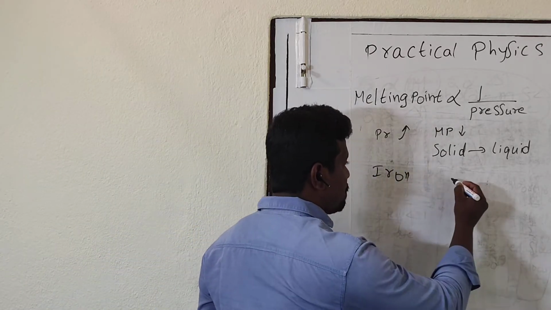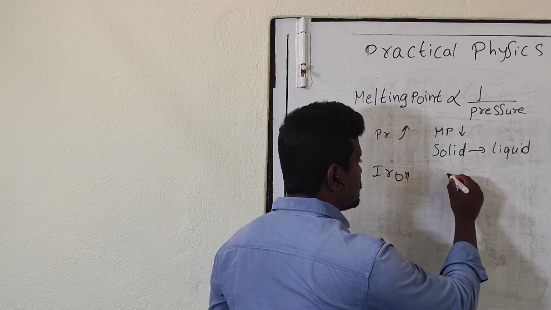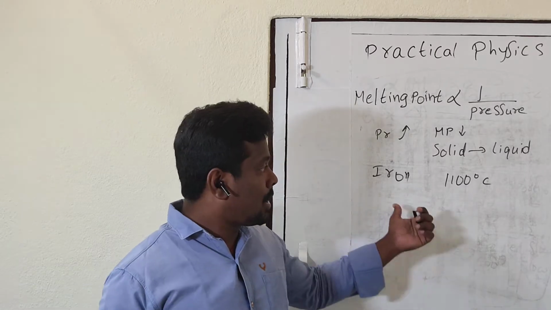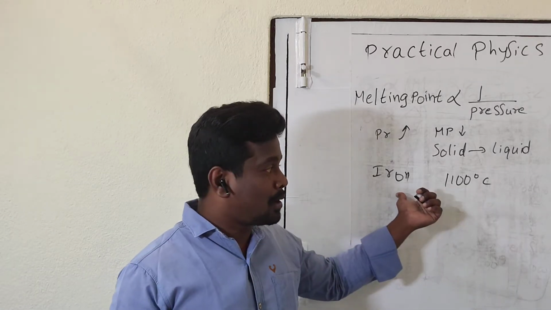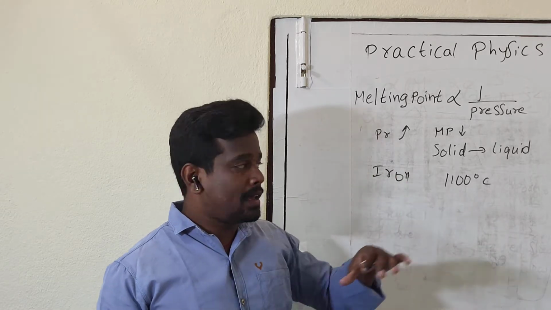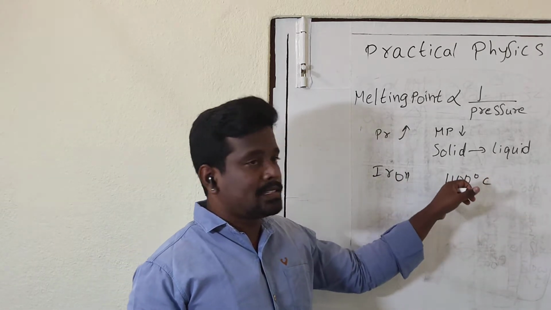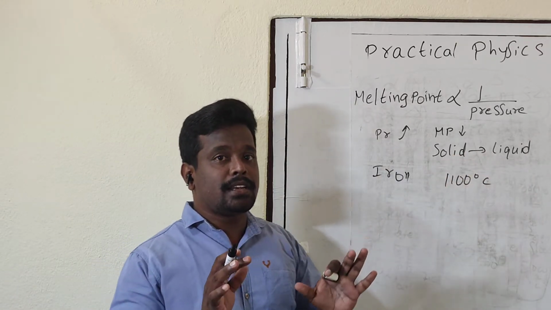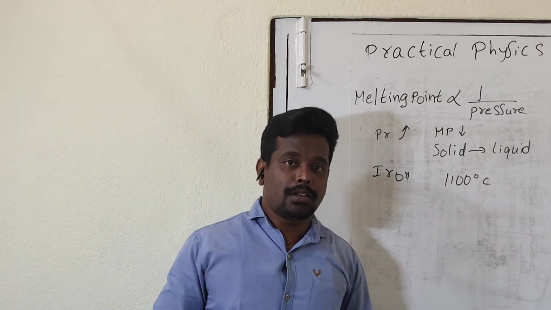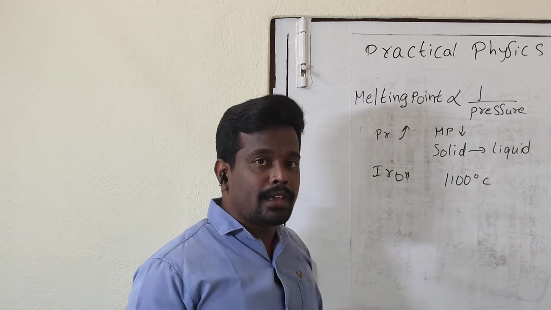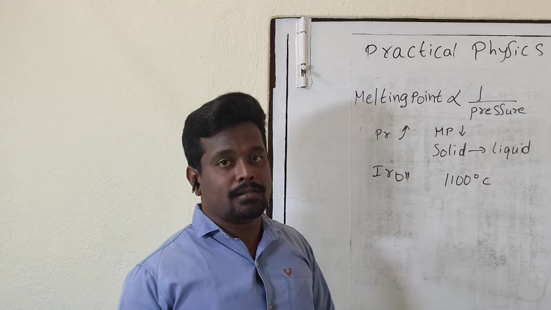Assume iron melts at 1100 degrees centigrade at normal pressure. I don't know the exact melting point of iron, but assume that. At that temperature the iron will convert into molten iron.